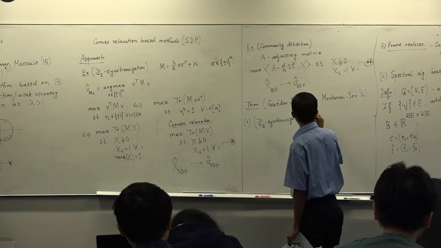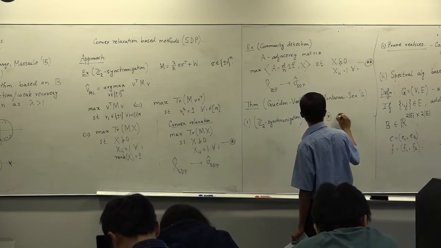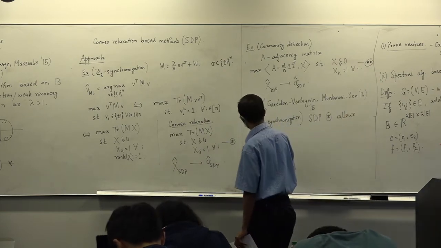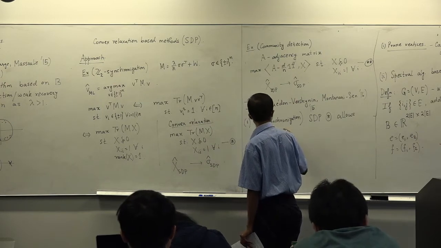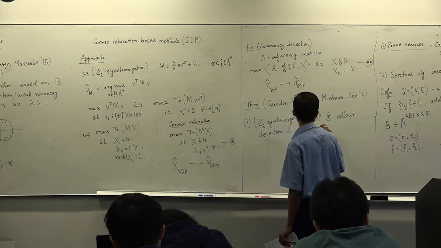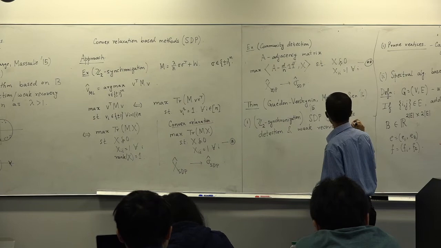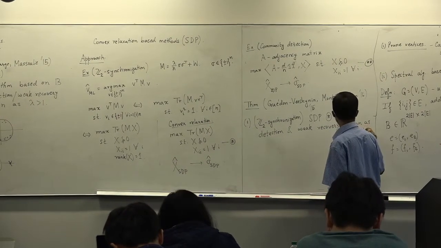So the result is that the SDP star allows detection and weak recovery as soon as lambda is bigger than 1.